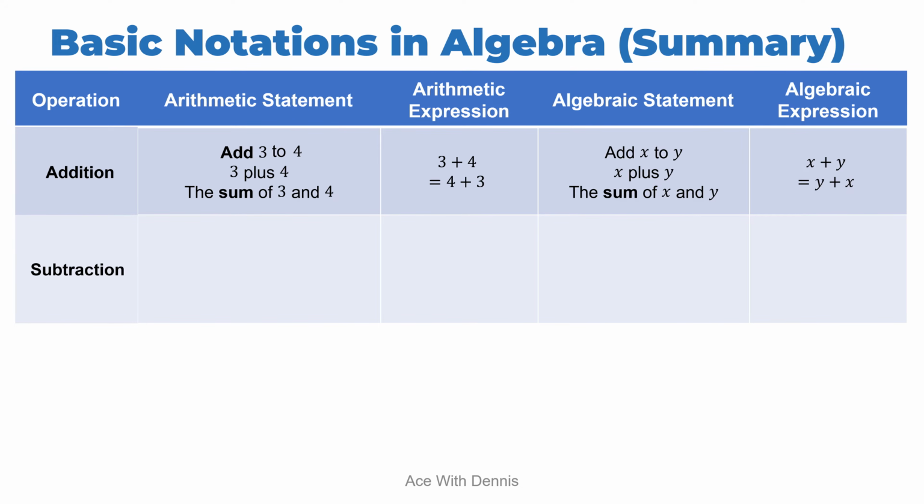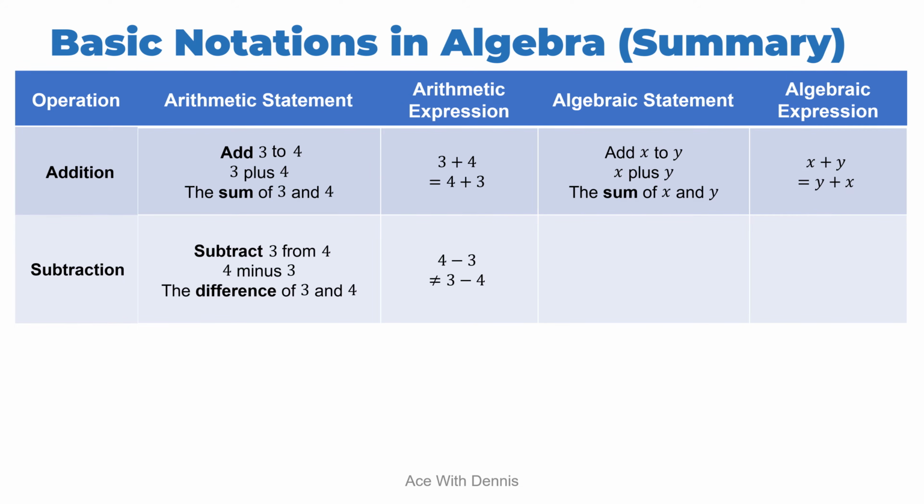For the operation of subtraction, the arithmetic statement can be subtract 3 from 4, or 4 minus 3, or the difference of 3 and 4. Hence, in arithmetic expression, it can be written as 4 minus 3, but it is not equal to 3 minus 4.